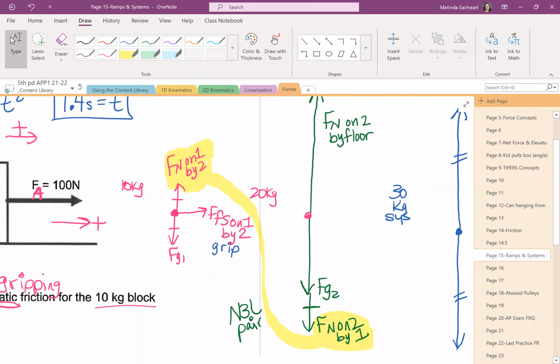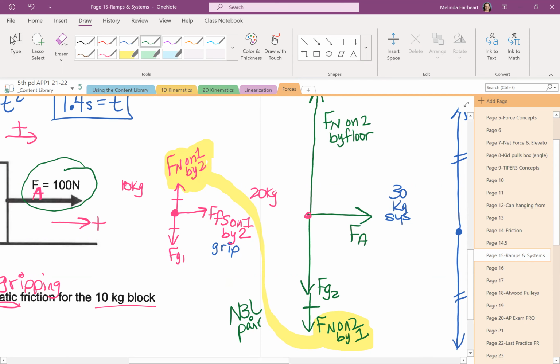Who's 100 newtons? Aren't we pulling or pushing on block 2? And it doesn't matter if it's a push or pull, it's to the right. By the way, we already did say to the right was positive. And so maybe, I don't have any other real numbers to compare it to, but maybe this is FA.